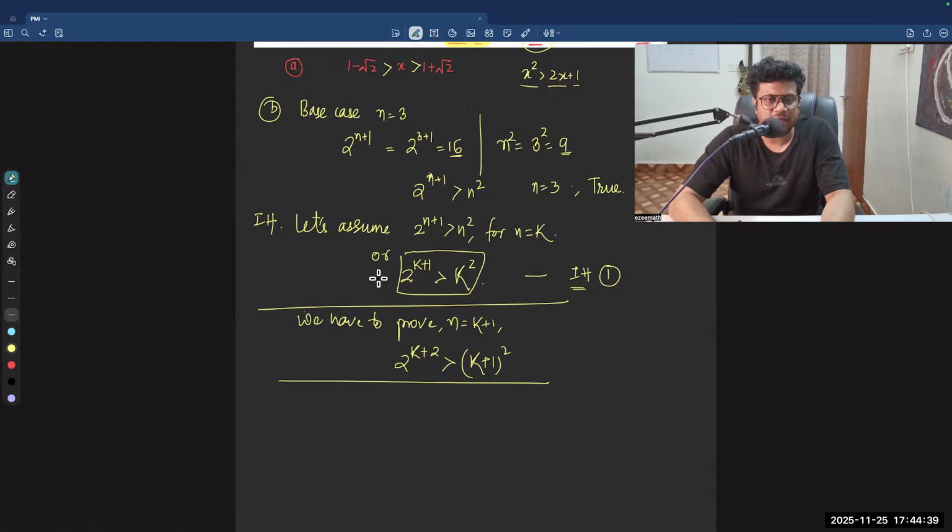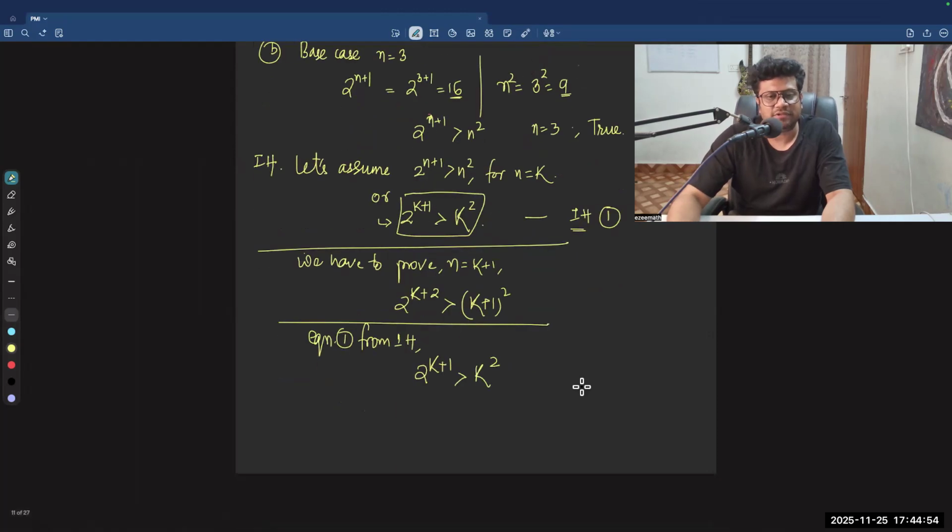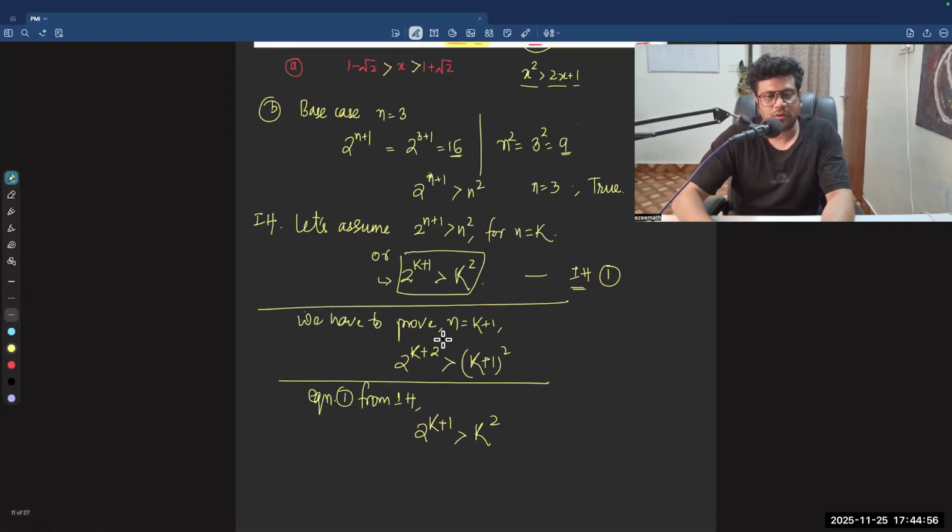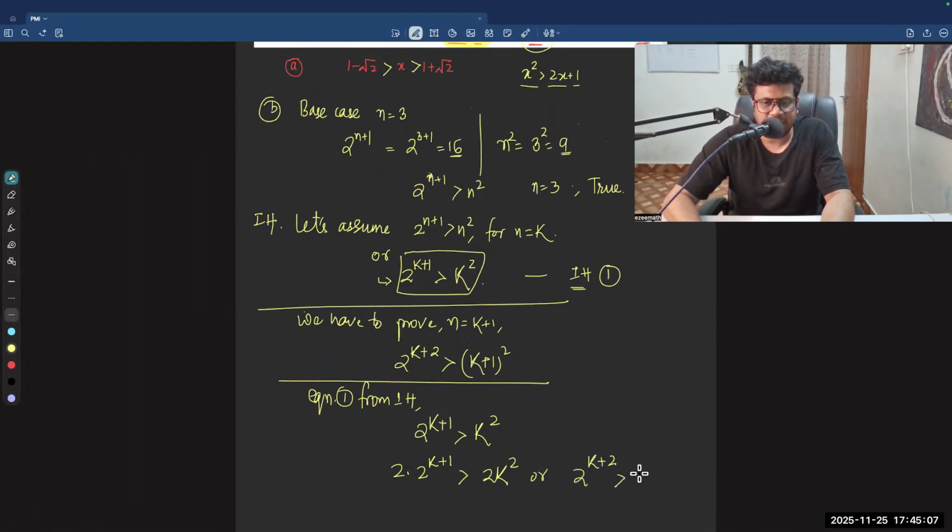Well, let's bring this here. Equation number 1 from the inductive hypothesis. I already know that 2 to the power of k plus 1 is greater than k squared. Let's multiply both sides by 2. What do I come to? 2 into 2 to the power of k plus 1 is greater than 2k square, or 2 to the power of k plus 2 is greater than 2k square.